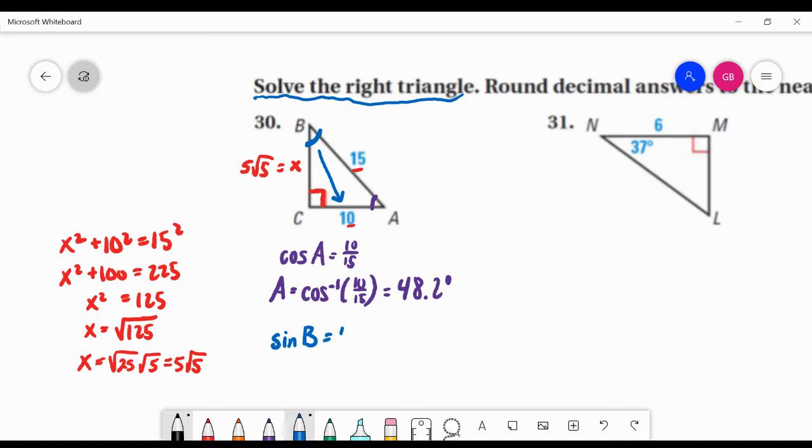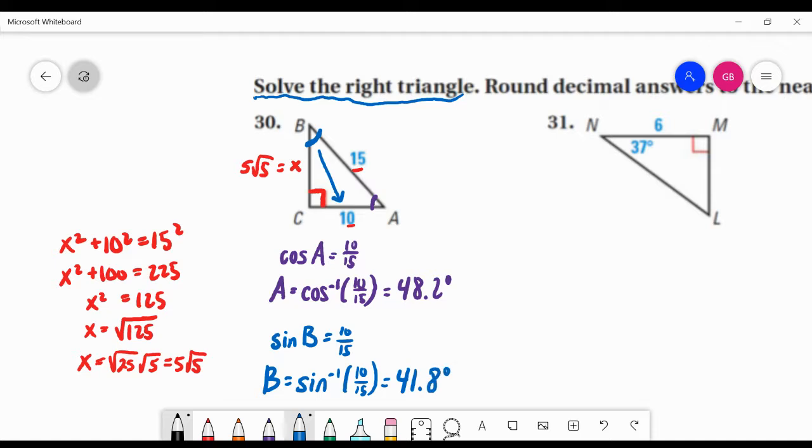So the sine of B is 10 over 15. So B is equal to the sine inverse of 10 over 15, which is 41.8.